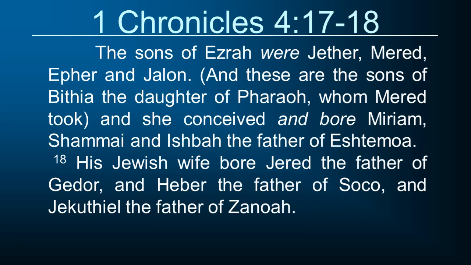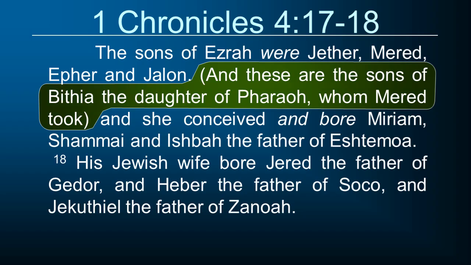A little bit further, just a few verses further, we come to the sons of Ezra, who were Jether, Mered, Epher, and Jalon. And now we have a footnote added that these are the sons of Bithiah, the daughter of Pharaoh, whom Mered took.